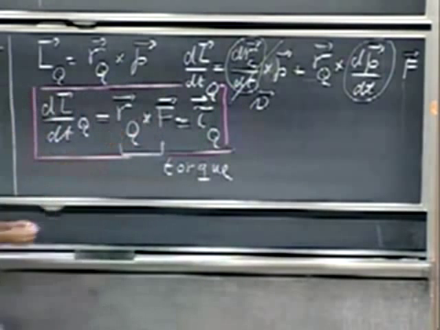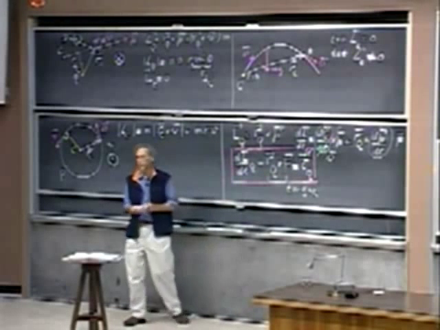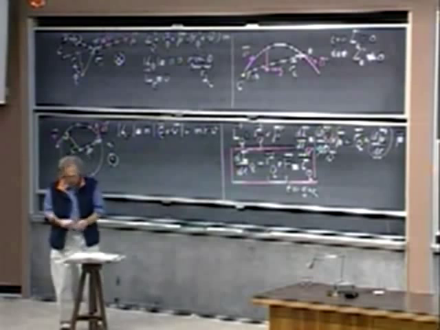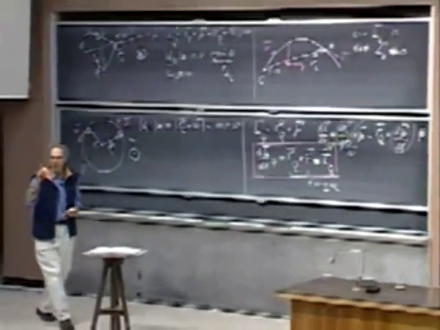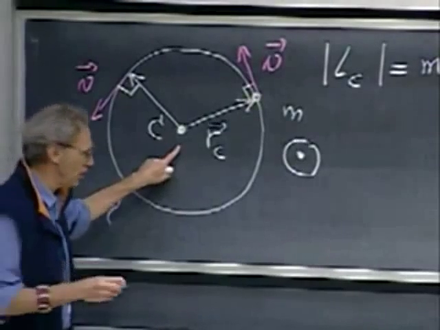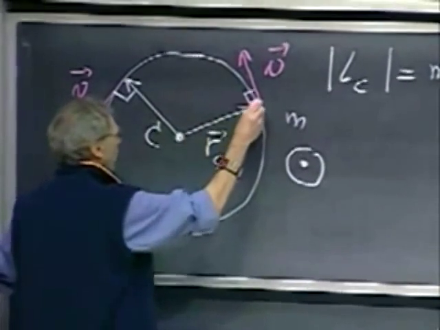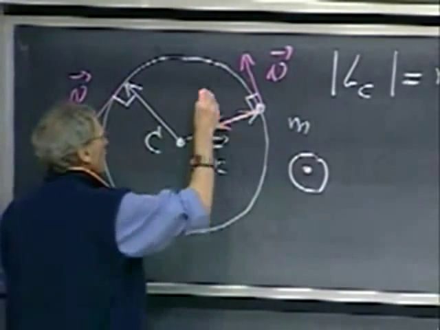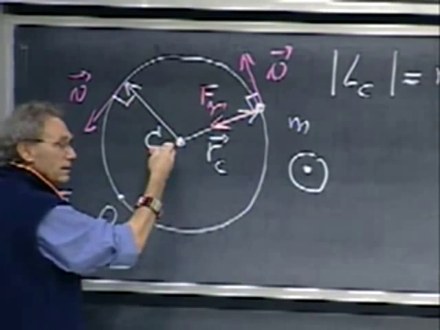What this is telling you is that if there is a torque on an object, the angular momentum must be changing in time. If there is no torque on the object, angular momentum will be conserved. And now you get some insight into this situation that we just discussed. The attractive gravitational force exerted on the Earth is in this direction.